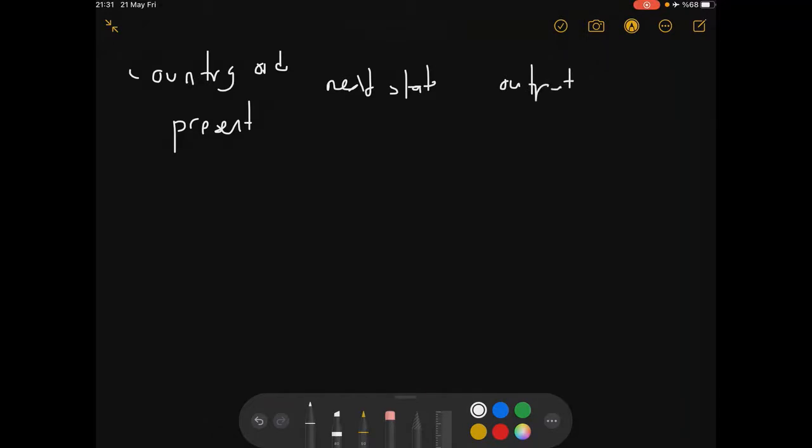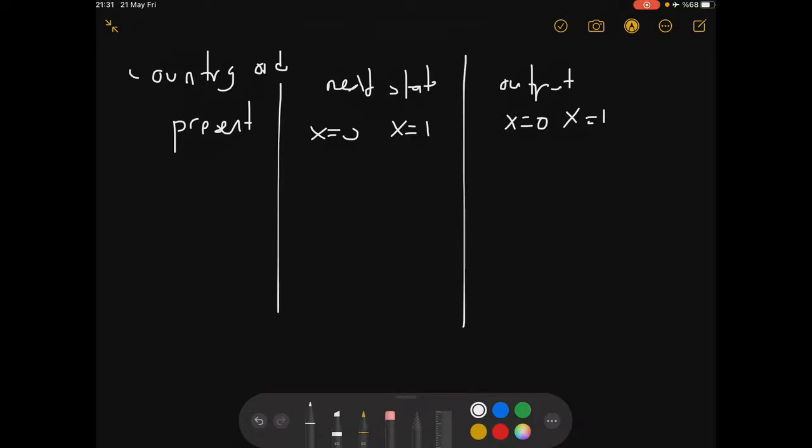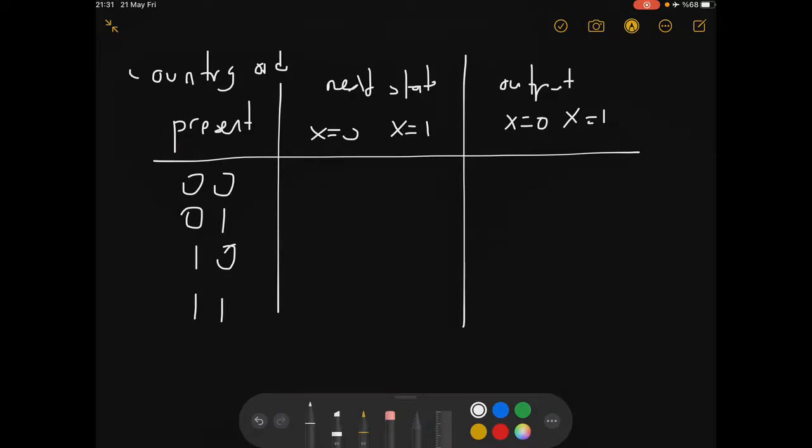For x equals 0 and x equals 1, you will have these. Your A, B, C, and D are placed like this, and this is where they go.